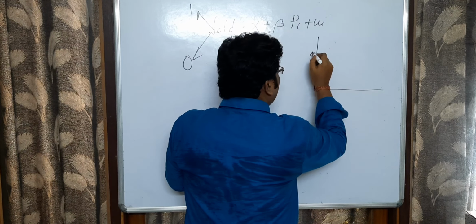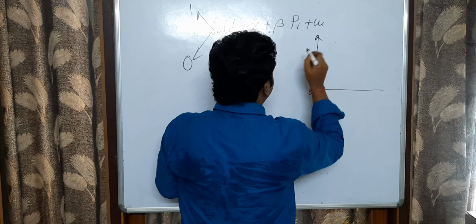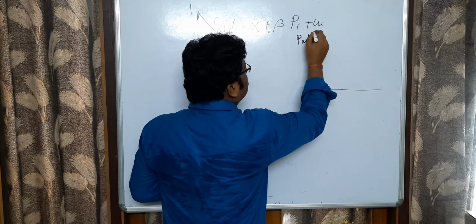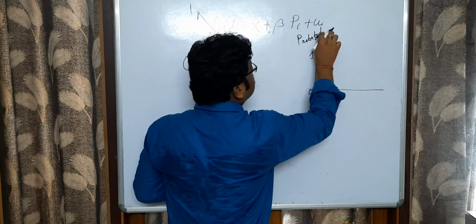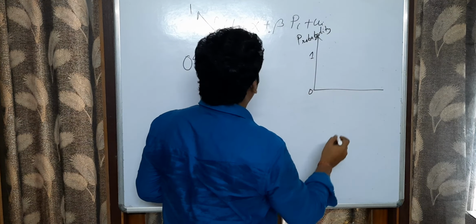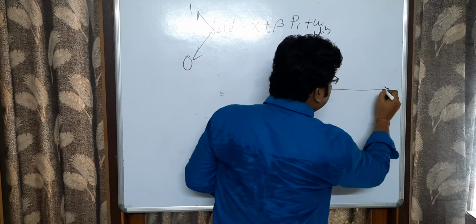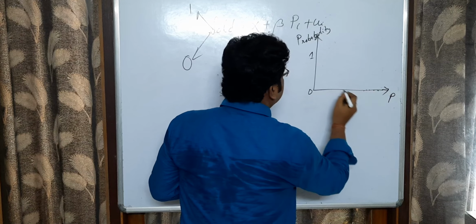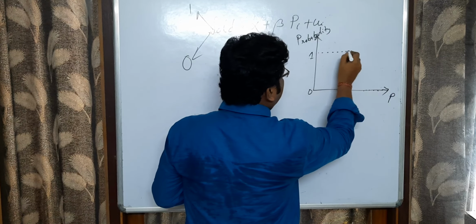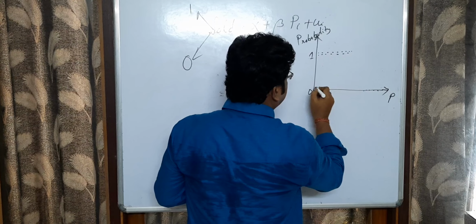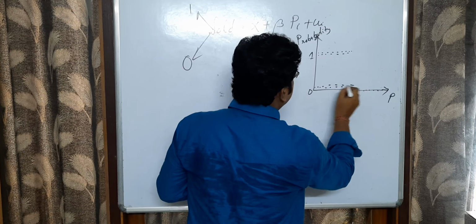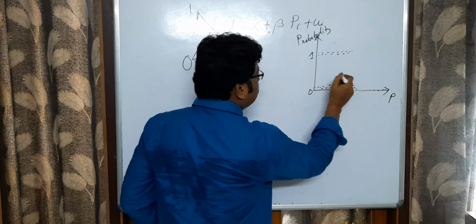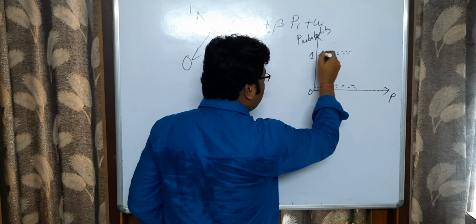Suppose this is 1 and this is 0, and we are measuring the probability, and here is the price. Here are some points. If you draw a regression line, then you have it like this.